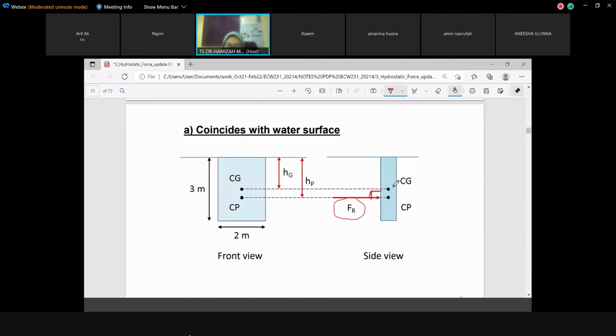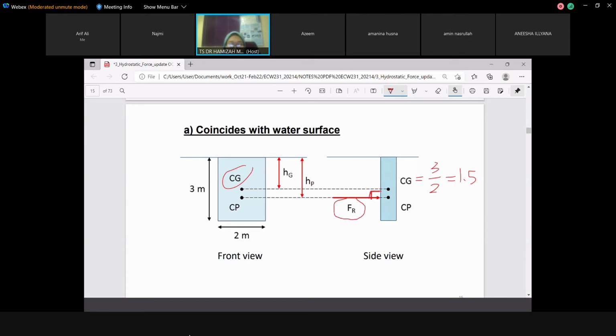So, we have center of gravity. Center of gravity ni separuh daripada size of object, sama juga our center of gravity ialah pusat lah kan. So, untuk this one, center of gravity ialah 3 bahagi 2. Okay, so you get 1.5 m.